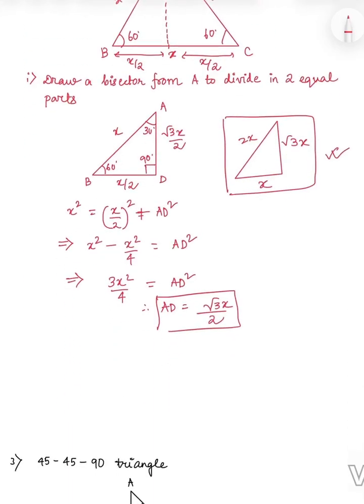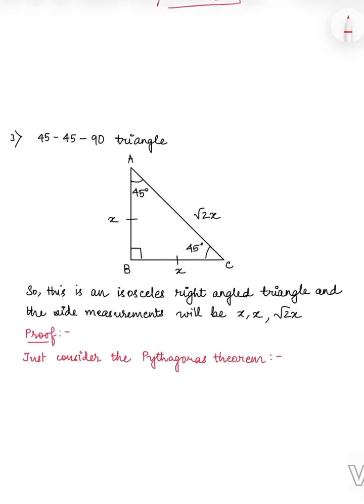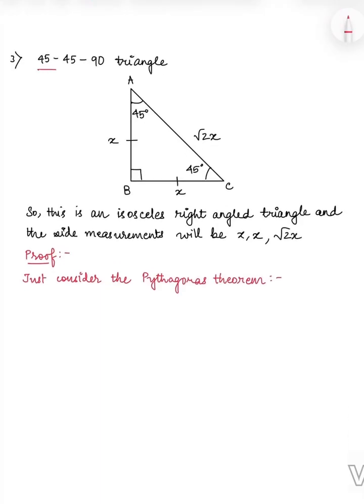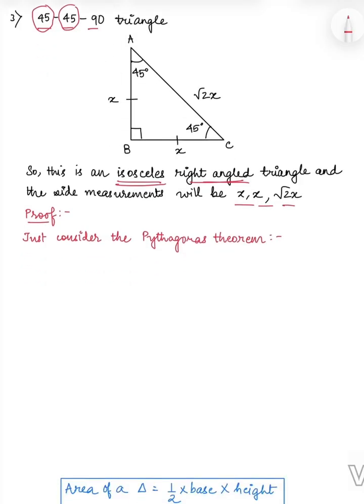Now we move on to the third special triangle, that is a 45, 45, 90 triangle. So basically, two angles are the same, so this is an isosceles right angle triangle. Here the side measurements are x, x and root 2x. This is a very simple proof. We just have to use the Pythagoras theorem.